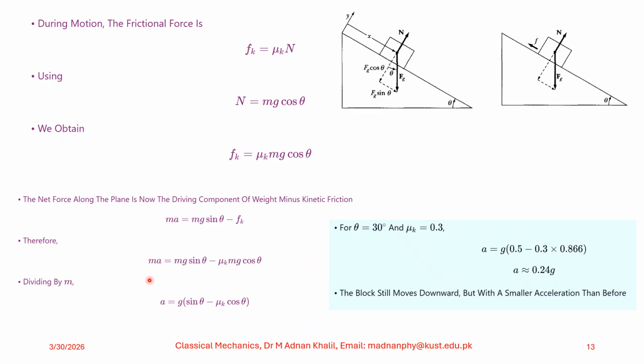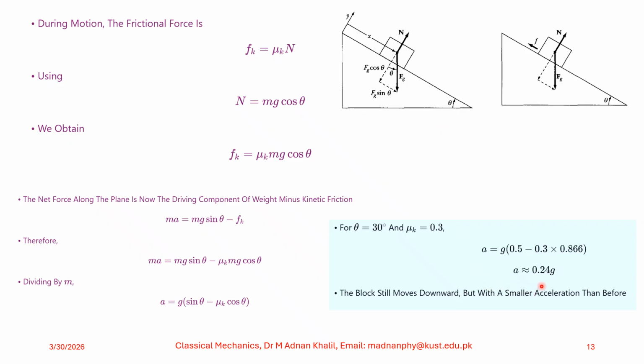So we can rearrange this equation to get the value of a, which is the acceleration of this block of mass m while it's sliding down, having a frictional force with a coefficient mu k equal to 0.3. If we put all the values over here, we can calculate the value of acceleration which this block requires for a 30-degree inclination.